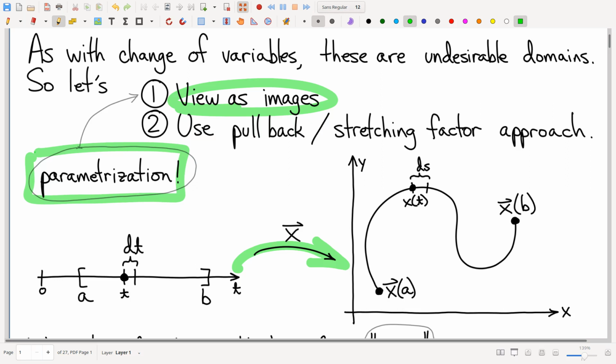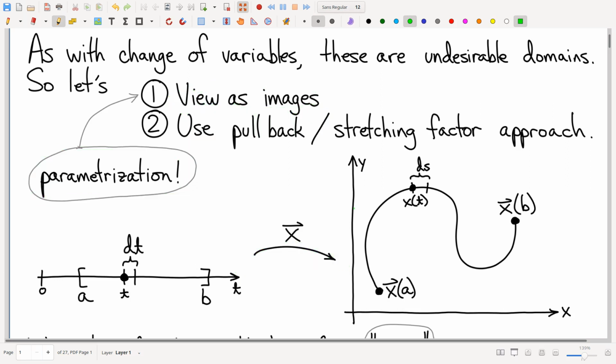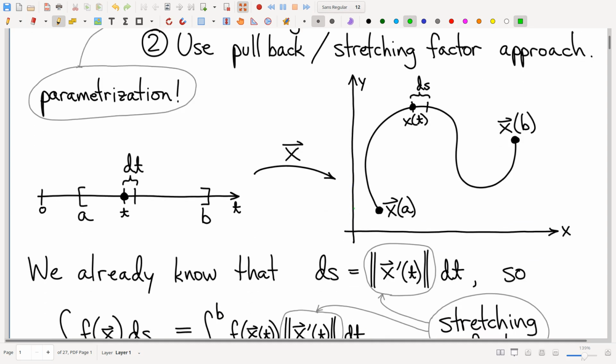Okay, next we have to figure out how to do the pullback, which is just a matter of plugging in, really, except for the fact that we have to figure out a stretching factor. In this context, the stretching factor says, what am I going to multiply by dt to get this little arc length ds, right? How is this size magnified to give me that size? Let me say that a little bit differently.